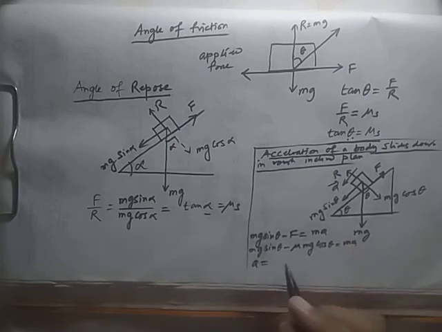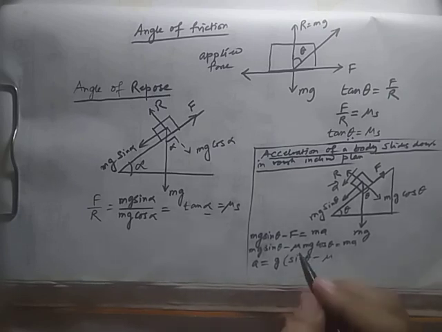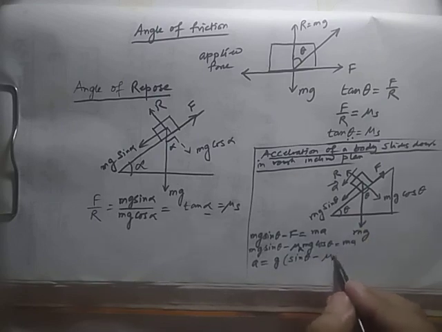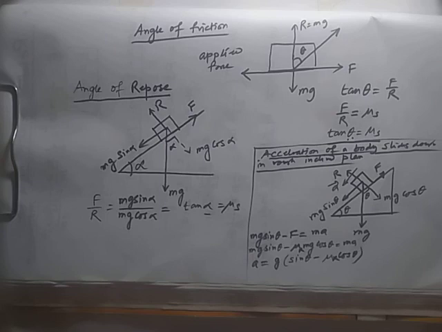So a will be equal to, and then you can take g common, g sin theta minus mu k cos theta, where mu k is the kinetic friction. So this is the acceleration produced by the object sliding down in the inclined plane.